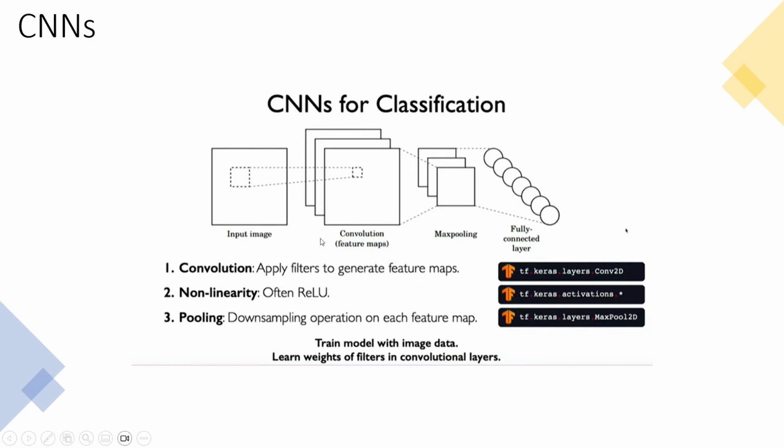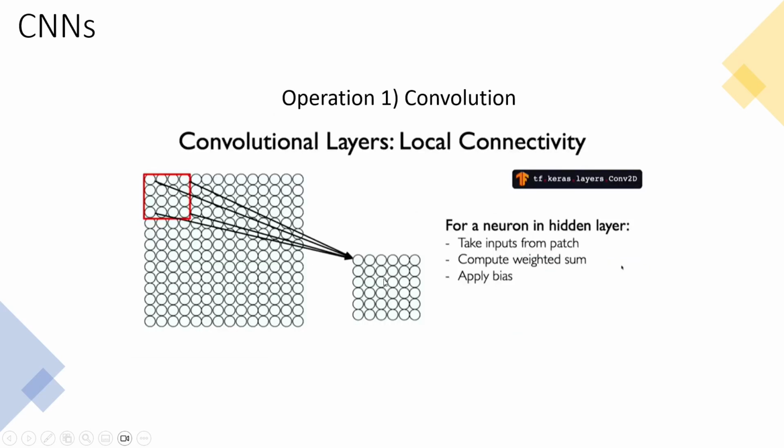So input image, convolution layers, a downscaling operation, let's call this pooling, and then we have another layer. Just forget about these definitions for now. Just try to remember we have convolution, the activation function, and pooling.